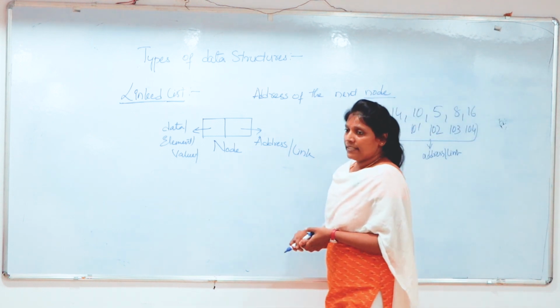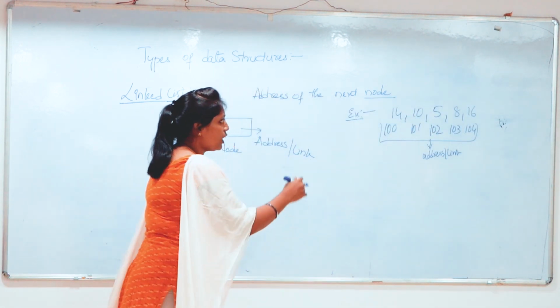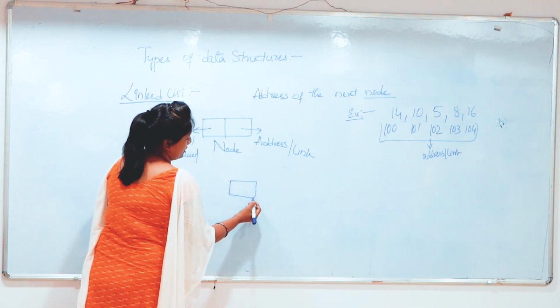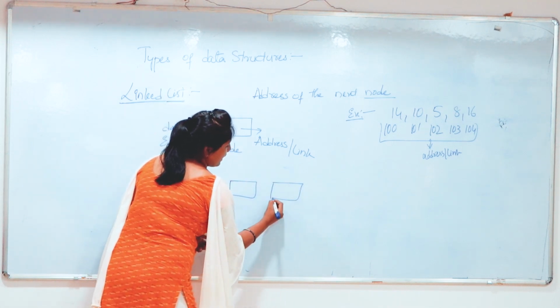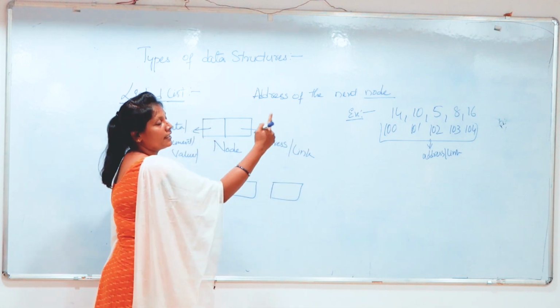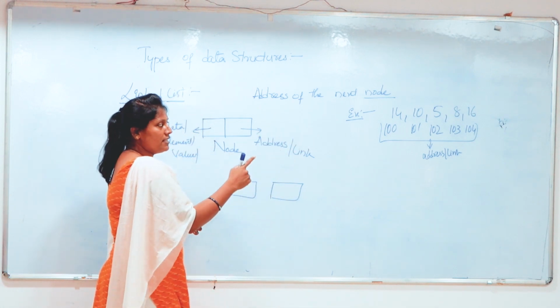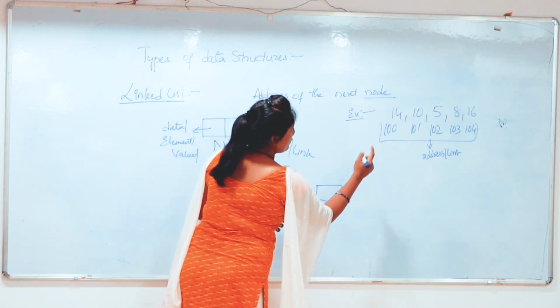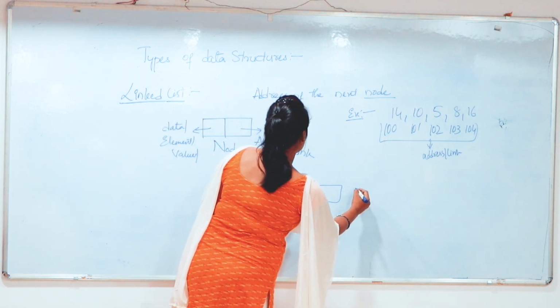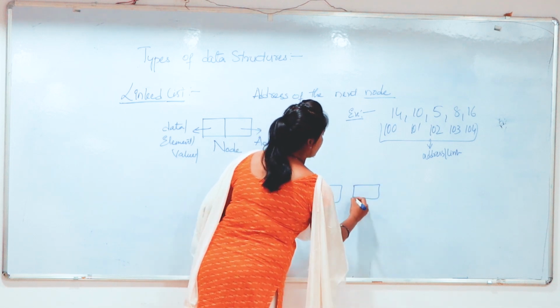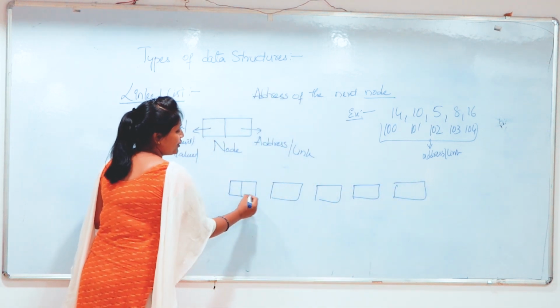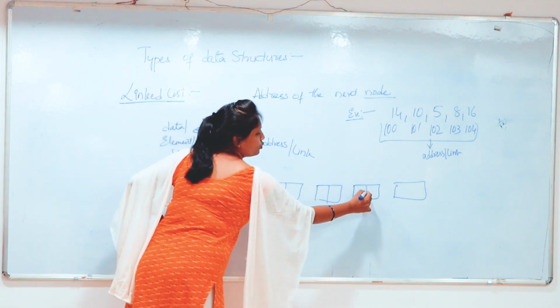Now let us see how these elements will be represented in the form of a linked list. First we have to create as many nodes as there are elements in our list. I have 5 elements in my list, so I have to create 5 nodes, and each node consists of 2 parts.